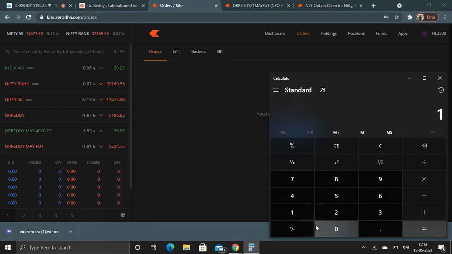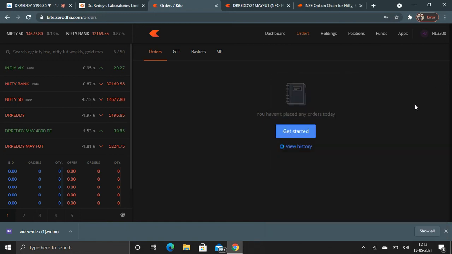Even if it trades at 100 rupees, you get a profit of 60 rupees, right? So 60 into 125 equals 7,500. Now check it. 7,500 divided by 5,000, our investment, into 100, that equals 150 percent, almost triple. Very small amount, and your amount getting doubled.